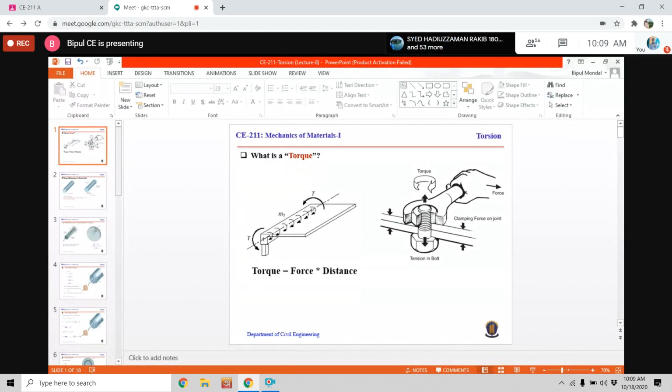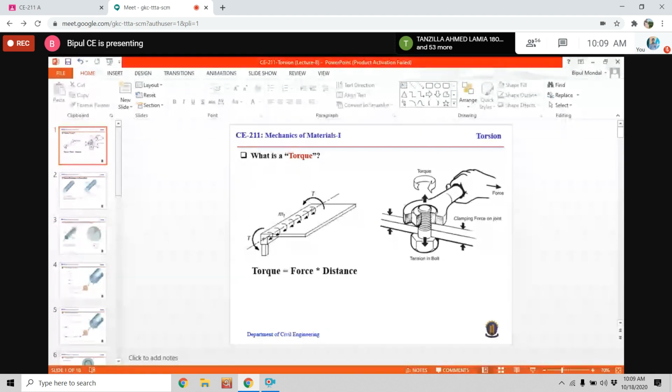Okay, so torsion is related to a force that is torque. Force means we know the tension and compression. Those are not the only forces. Bending moment and torque is also a force. Okay, so first of all, we should know what is a torque.